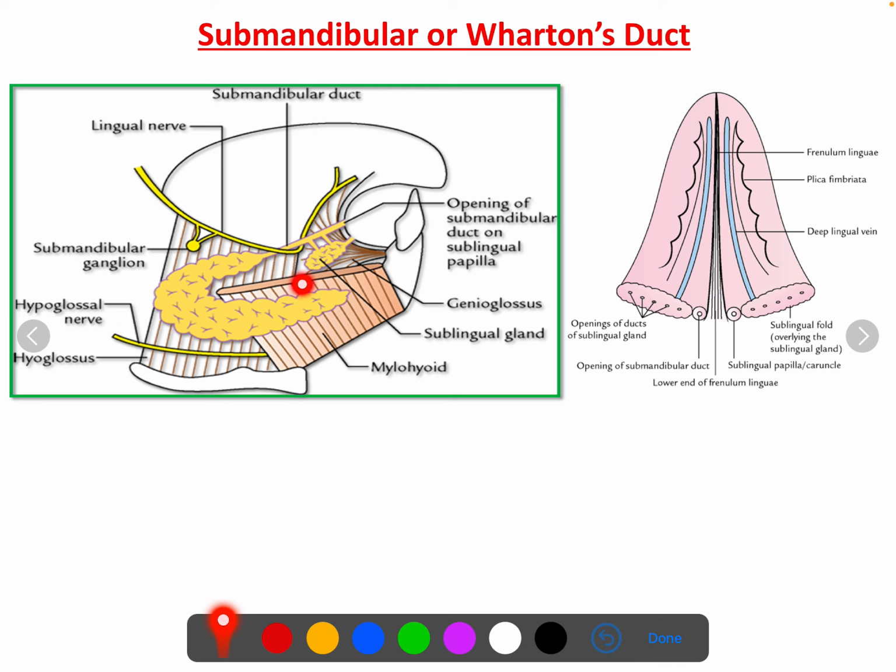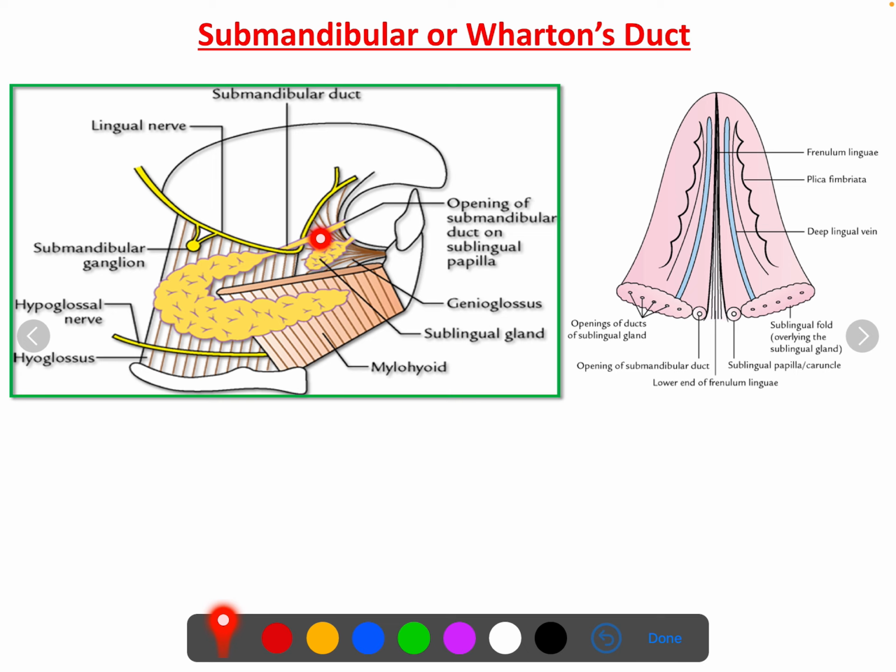At the anterior margin of the hyoglossus muscle, the lingual nerve crosses the duct from lateral to medial side. Then the duct turns upward above the sublingual salivary gland.